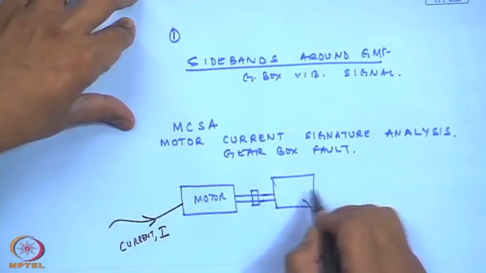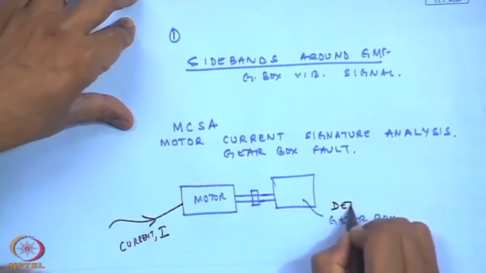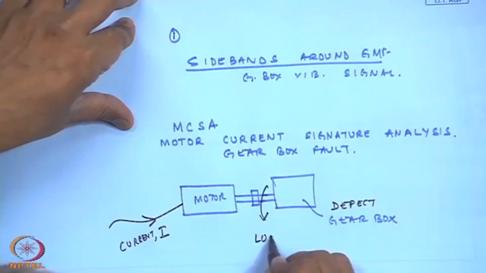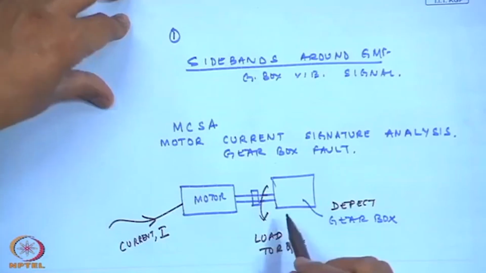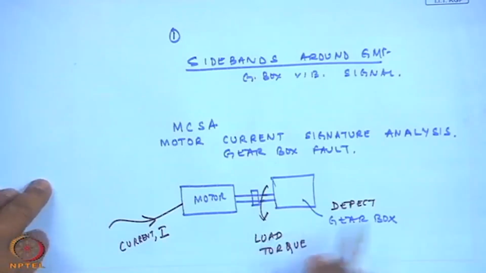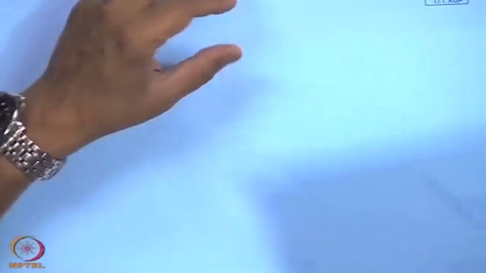What happens is, if there is a defect in the gearbox, this gives rise to some sort of additional load torque on the motor. If this motor is being subjected to an additional load torque, the current itself gets modulated at the frequency of the occurrence of this defect. And so, the sidebands in the current will also indicate some presence of the mechanical defects.